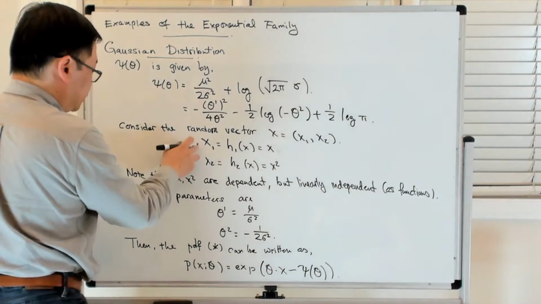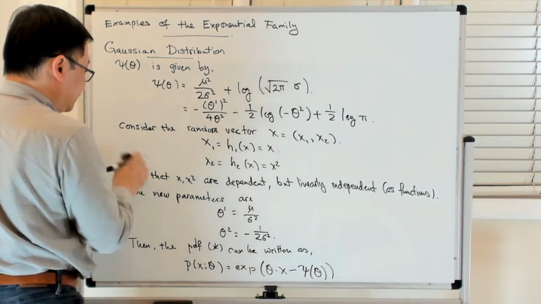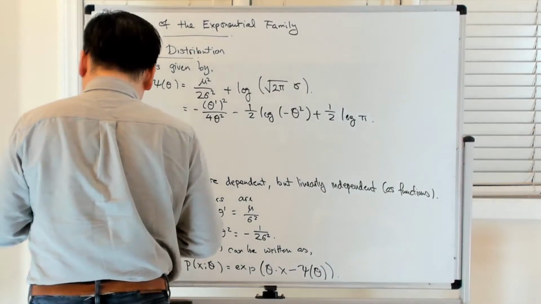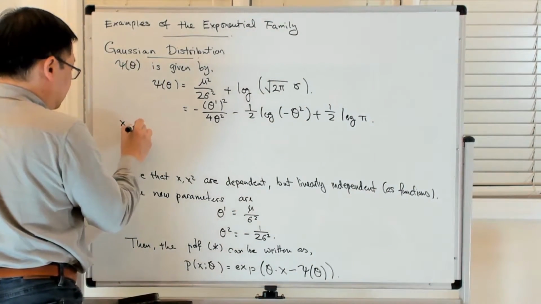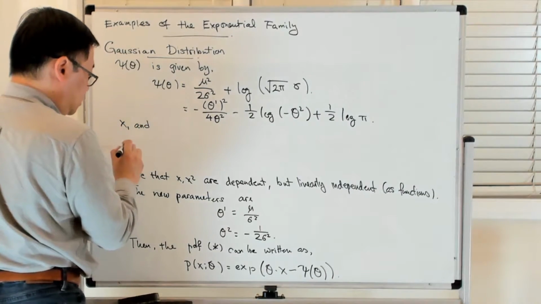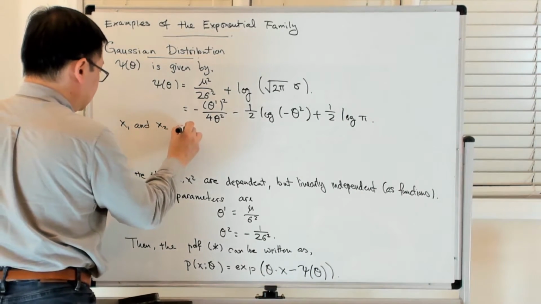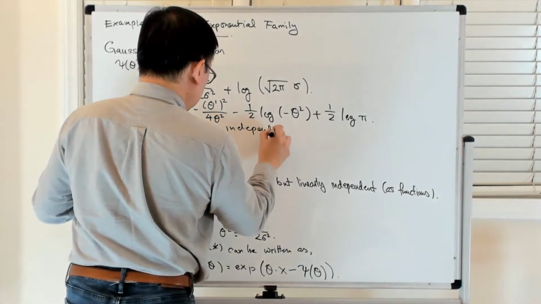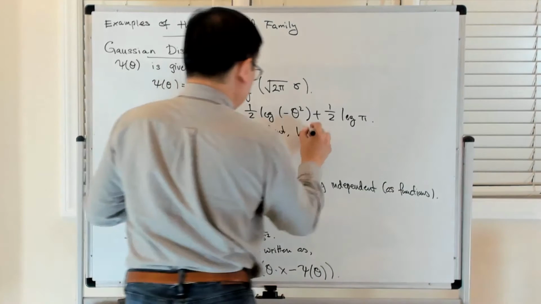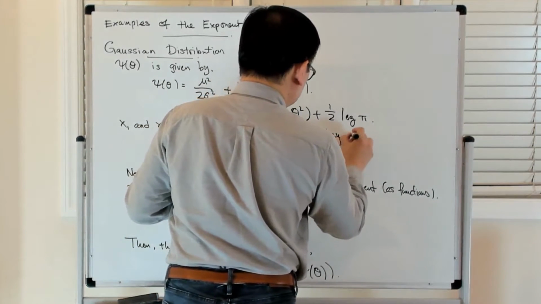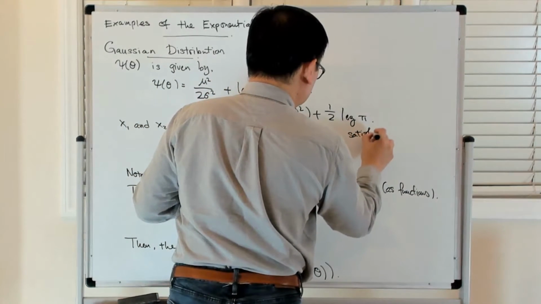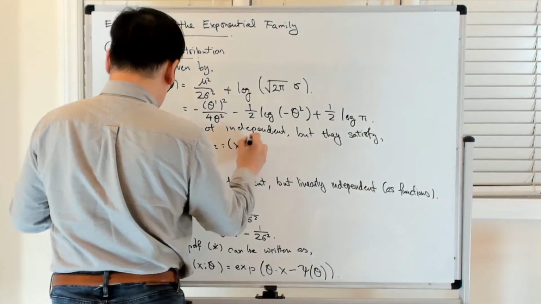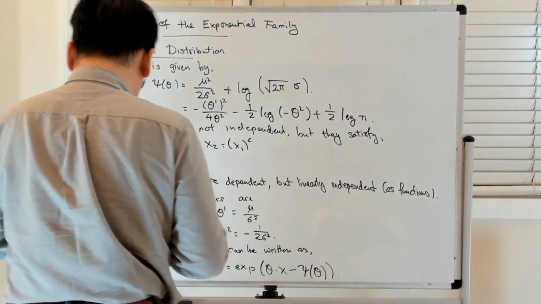So as variables, these things are dependent. We know that x1 and x2 are not independent, but they satisfy the relationship x2 is equal to x1 squared.